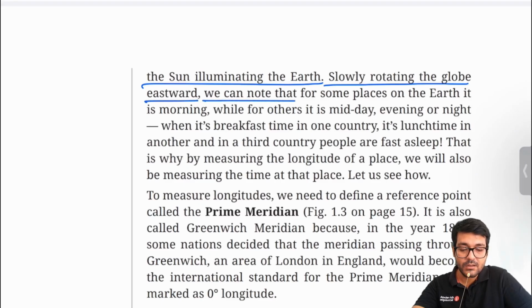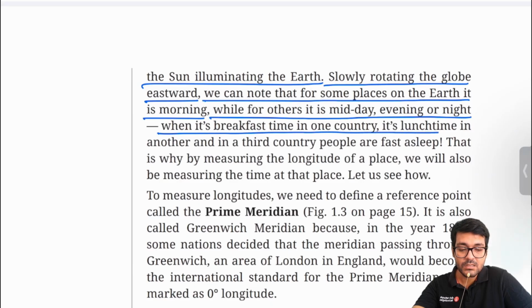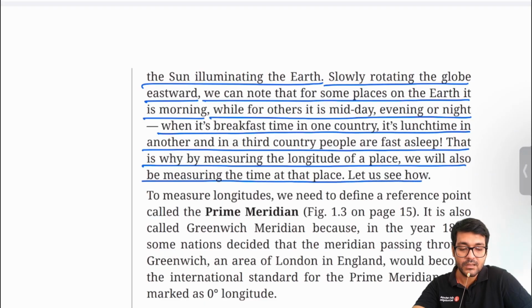We can note that for some places on the earth it is morning, while for others it is midday, evening or night. When it is breakfast time in one country, it is lunch time in another, and in a third country, people are fast asleep. That is why, by measuring the longitude of a place, we will also be measuring the time at that place. Let us see how.